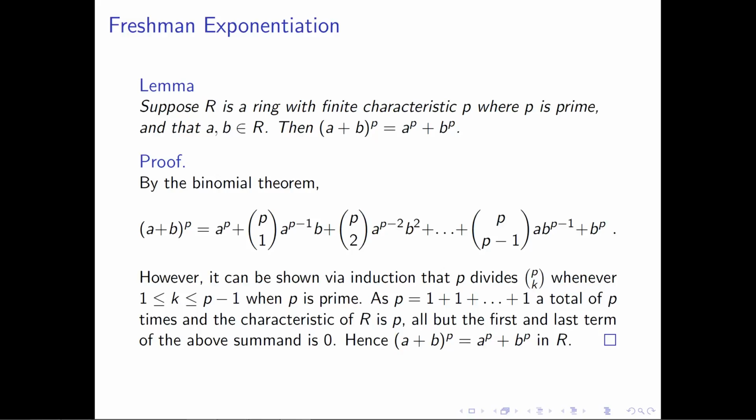So each one of these p choose 1, p choose 2, these p choose k terms in the middle are divisible by p, and p is really 0 in the ring R. Therefore, every single one of those terms in the middle of this expansion is something multiplied by 0, and they all cancel away. The only terms left are the a to the p term and the b to the p term, the terms at the very beginning and the very end.